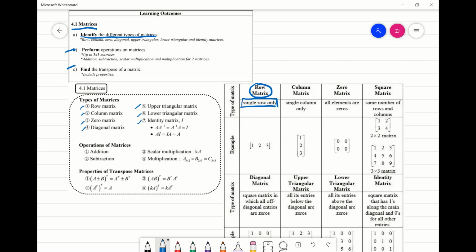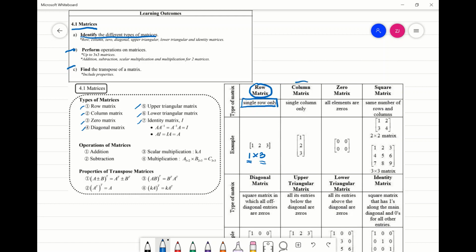If you can see the example here, we have one row, which means we can say that the order or the dimension is a 1 by 3 matrix. In order to pronounce the dimension of a matrix, it has to start with the row followed by the column. So the row matrix here has dimension 1 by 3.